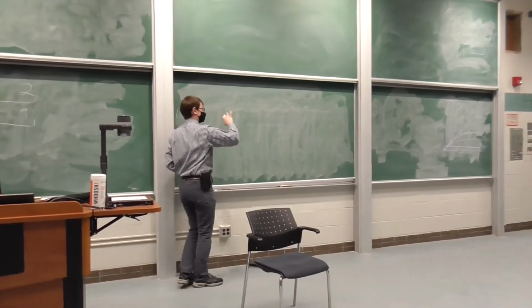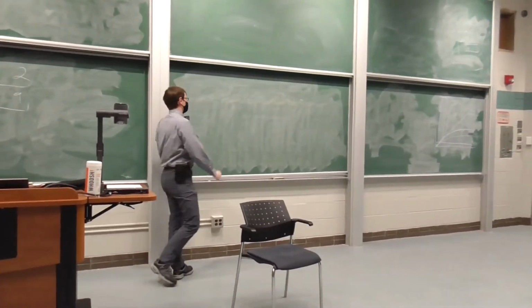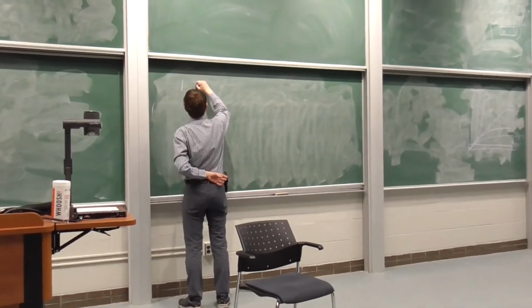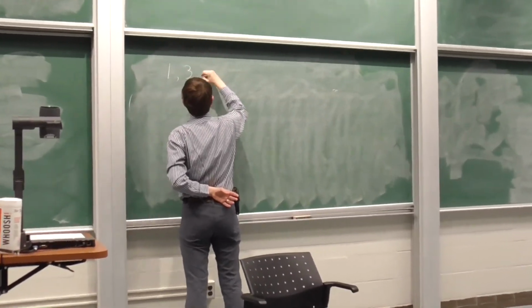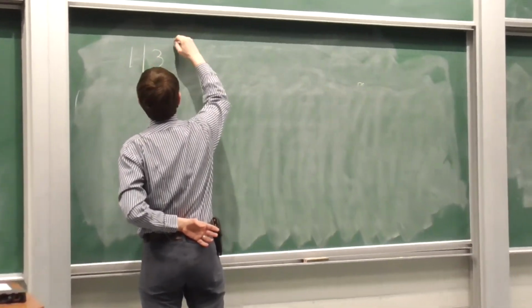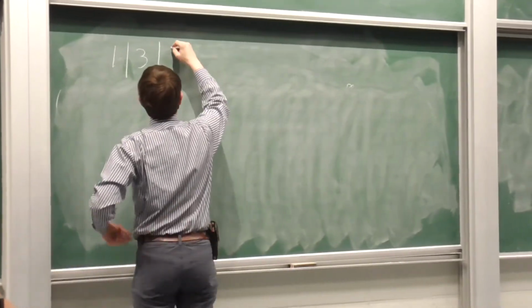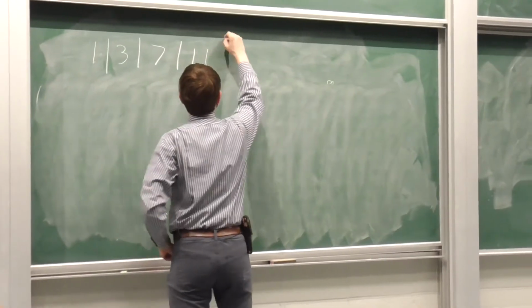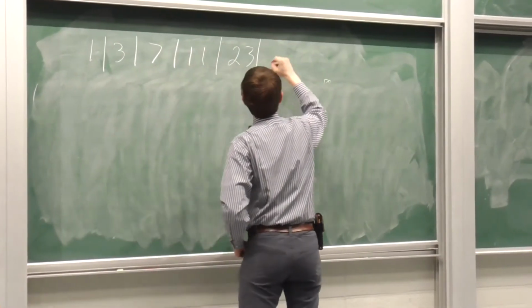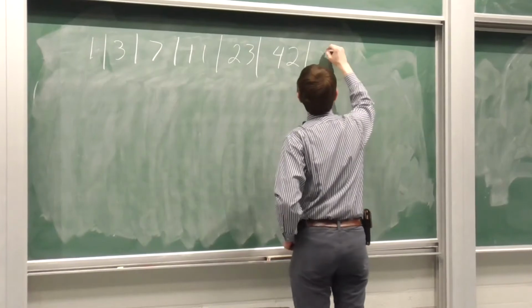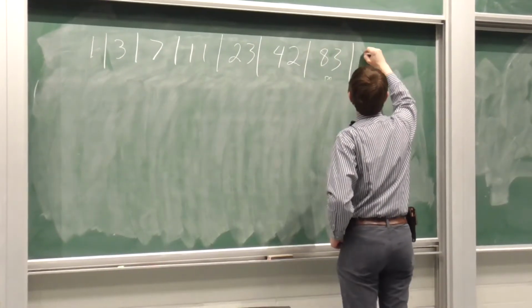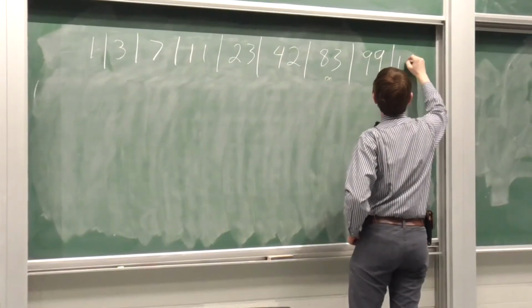All right, so let's assume we had a data structure, right? 1, 3, and I'm going to put bars between them, 7, 11, 23, 42, 83, 99, 100.